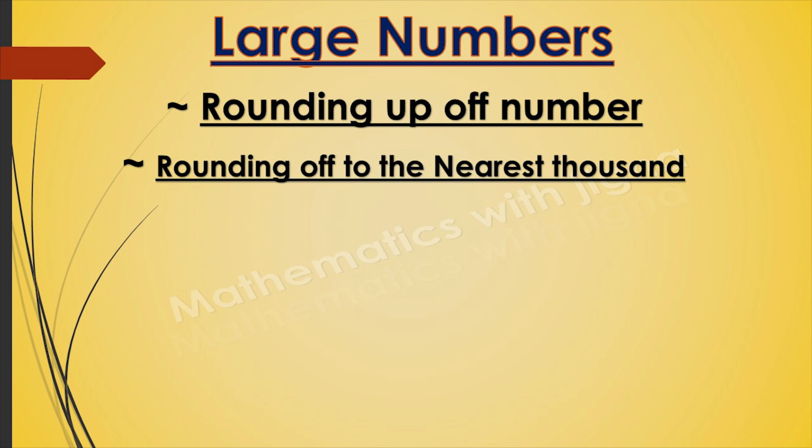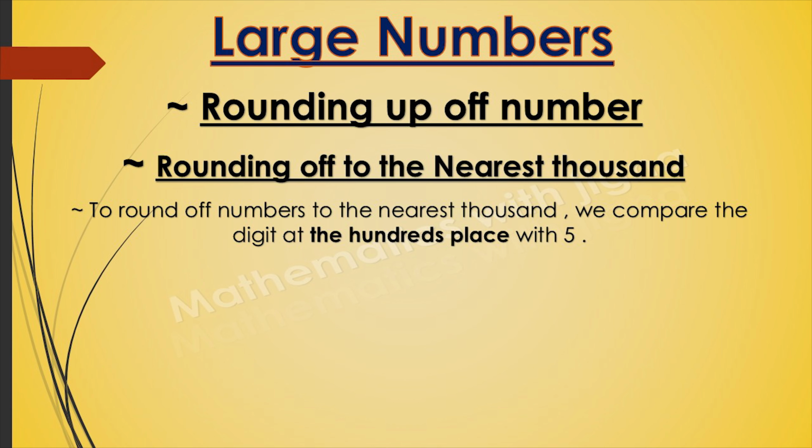Now let's talk about rounding off to the nearest thousand. To round off numbers to the nearest thousand, we compare the digit at hundreds place with 5. If the digit in the hundred place is less than 5, we replace the digits in the hundreds, tens and ones places by 3 zeros.